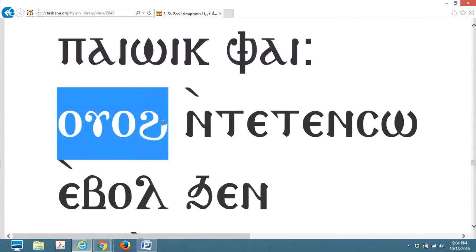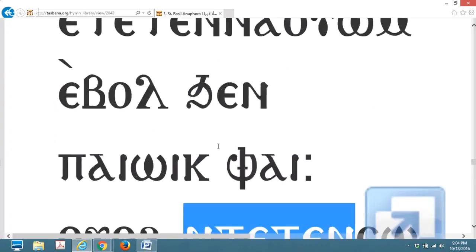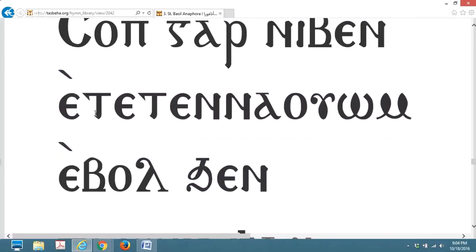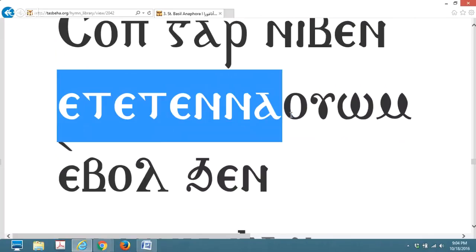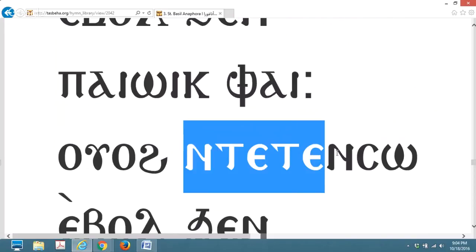Owo and intitinsu. Remember, this is the conjunctive again. It doesn't have the future tense, but it's understood as the future tense because it's continuing the same flow or the same stream of thought from before. Owo intitina su. In Coptic, it's just not done that way. It's just owo intitinsu.